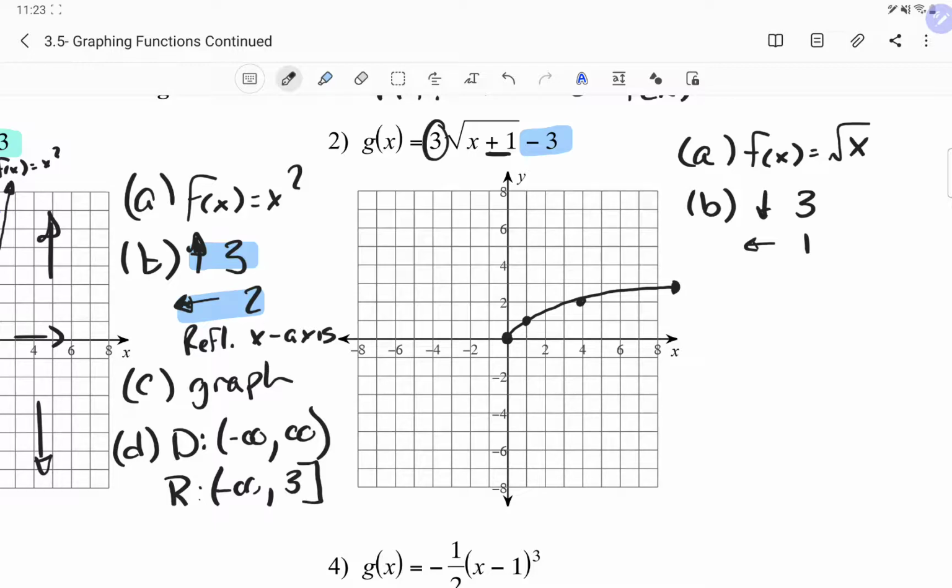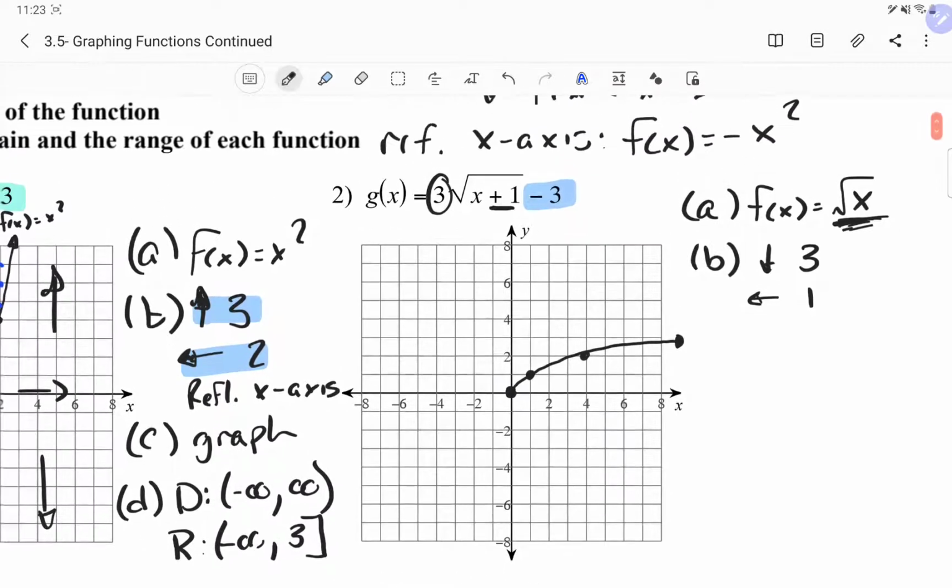Now, if it's on the outside of the function, so remember that the square root of x is our original function, if it's on the outside, it's a vertical stretch or a vertical compression. If it's on the inside, so if this were like the square root of 3x, then that would be a horizontal stretch or a horizontal compression. Okay, so this is on the outside, so it is a vertical stretch.